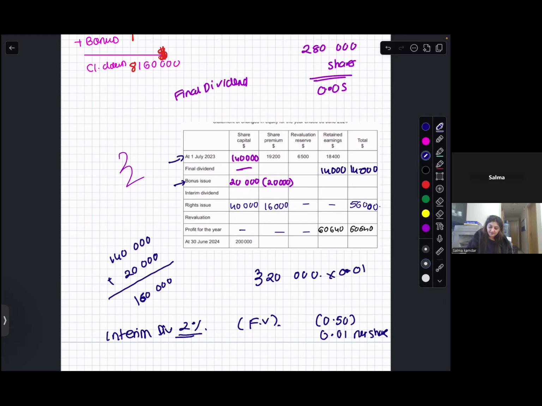Am I giving interim dividend of 3,200? Okay, very, very good. We will minus 19,200 from here and we will give 800 from the retained earnings. Very good, Mahad.